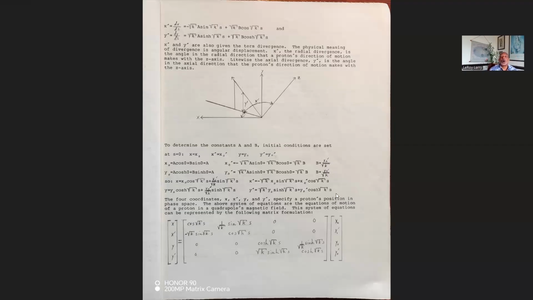So we have arrived at the motion of a proton circulating around a synchrotron.